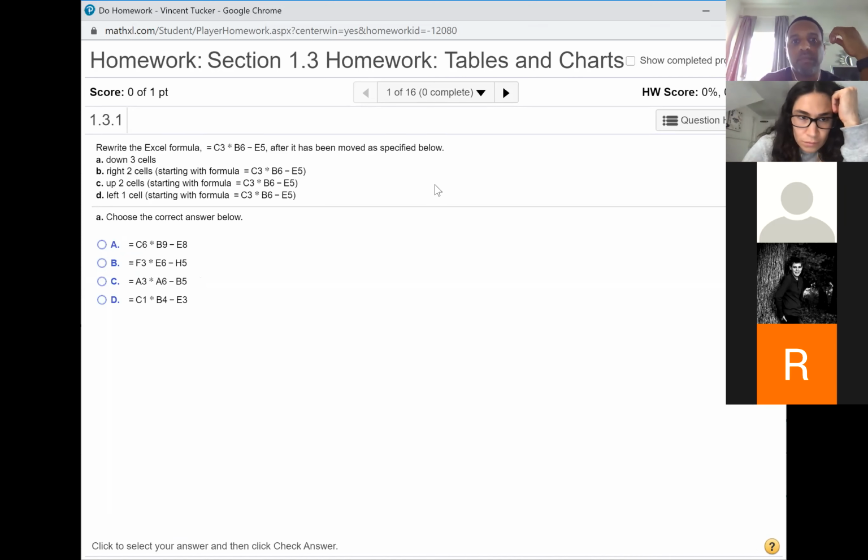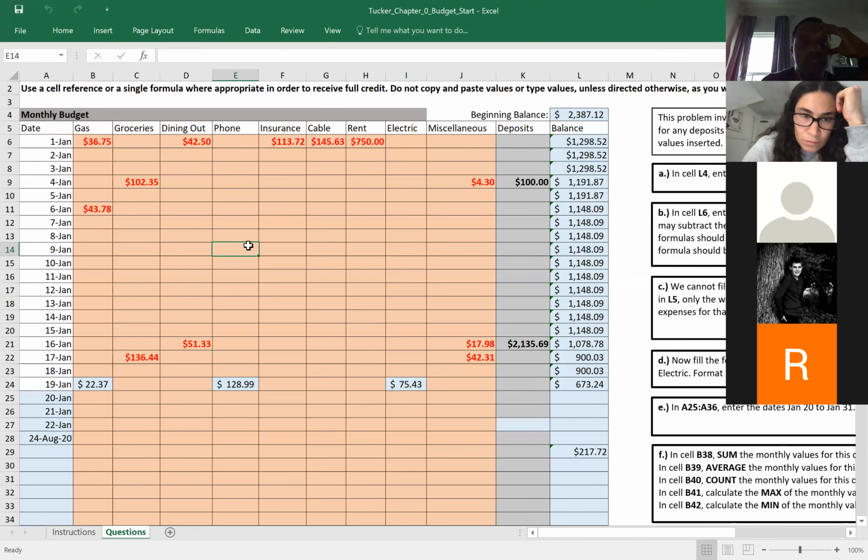So let's go back to Excel. So it gives us C3 times B6 minus E5. So let's make sure we're okay with the format of Excel. So when you are going down in your rows, you're moving the numbers. When you're moving right or left, as far as your columns are concerned, you're moving letters.